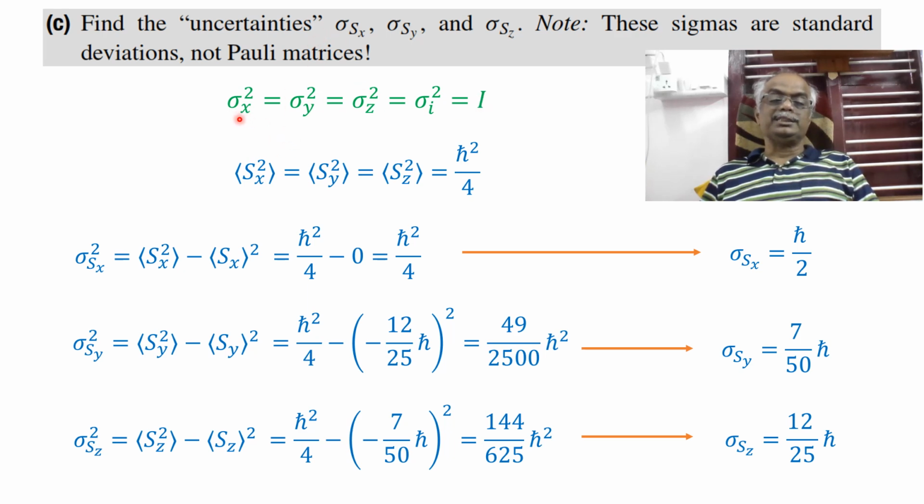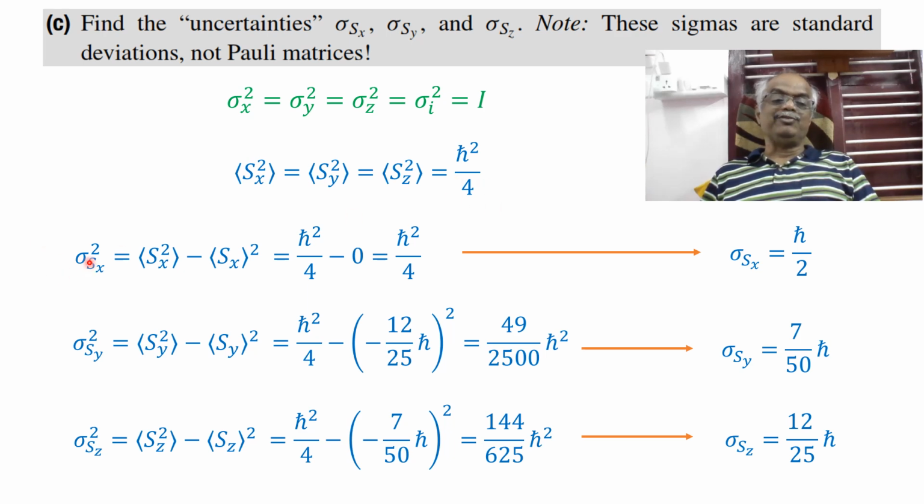So we get the S matrix by multiplying the sigma matrix by h cross over 2. Then for sigma x squared, y squared, z squared, you multiply by h cross over 2 squared. Because if you multiply this matrix by h cross by 2, you will get the Pauli matrices. That is as simple as that. So if you square h cross over 2, then you will get h cross squared over 4.